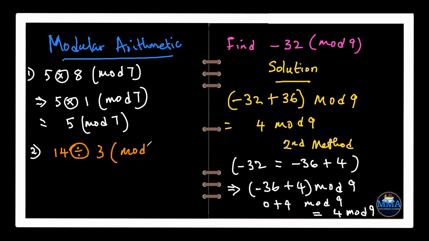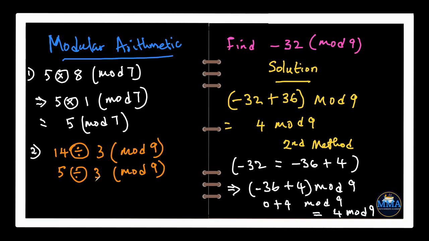Look at this, 14 is bigger than 9, so reduce it to a mod 9 number. We divide 14 by 9 and take the remainder, which is going to be 5. So we have 5 divided by 3 in mod 9.